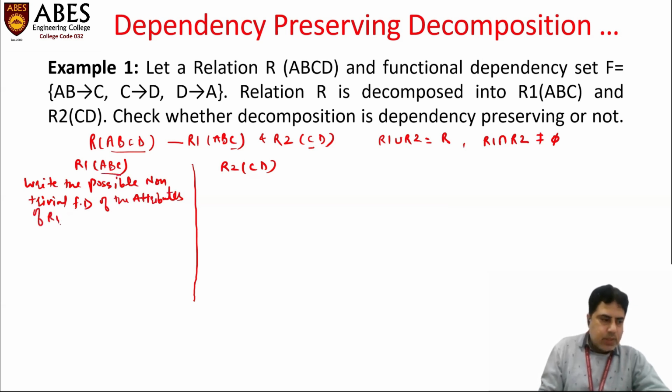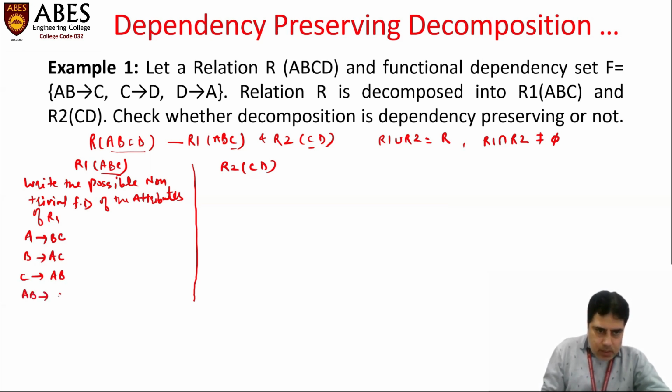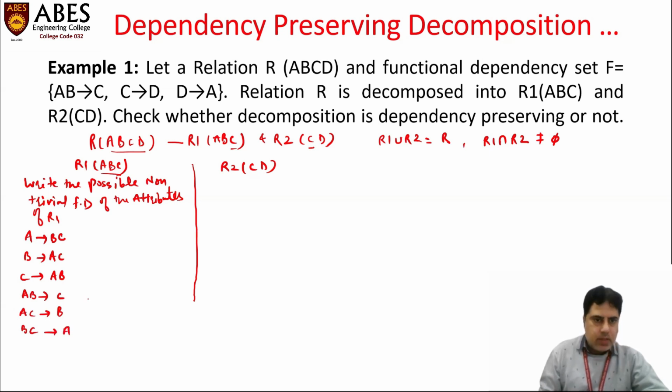The attributes are A, B, C. So the possible non-trivial functional dependencies are: A determines BC, B determines AC, C determines AB. The next combination is AB determines C, AC determines B, and BC determines A. There will be no other possibility for creating any functional dependency. These are all the possible functional dependencies.